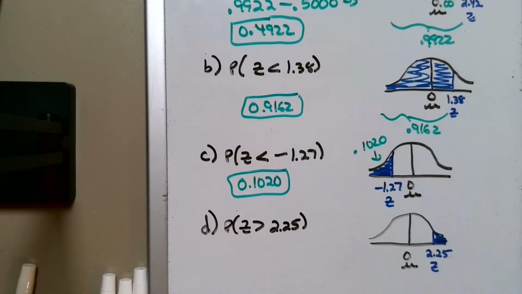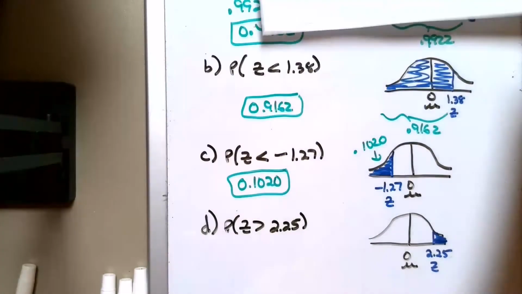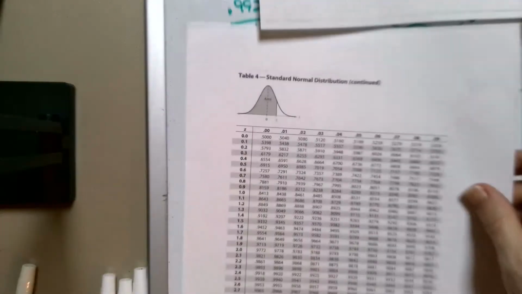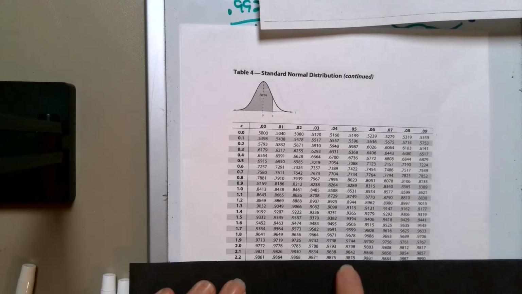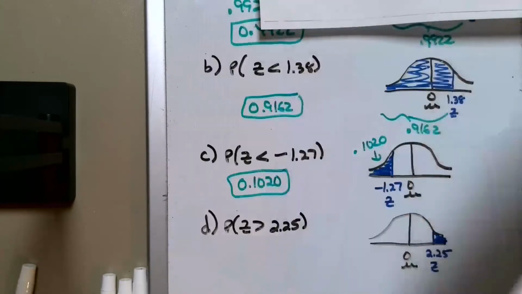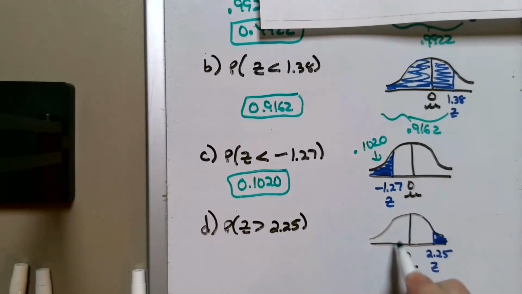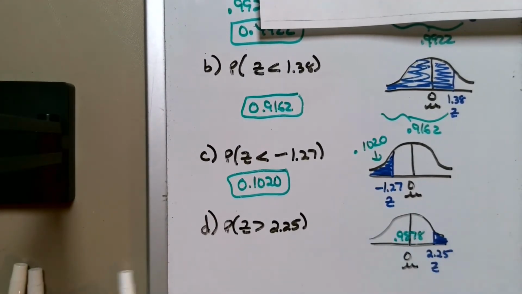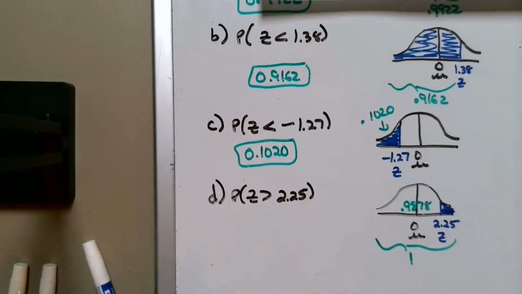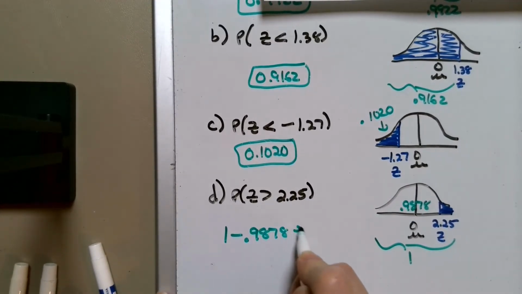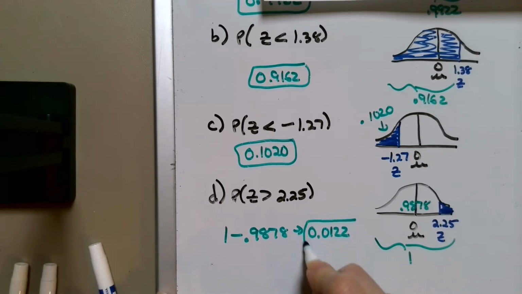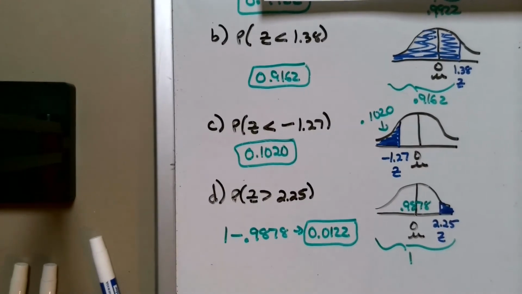When I look up a Z-score of positive 2.25 on the positive Z side, row 2.2 and then 500s here, I get 0.9878. That's the area to the left, because that's how our table works. That's not our answer because we want the area to the right. But we know that the total area under the curve is 100% or 1. So to get our answer, we take 1, the total area, minus 0.9878, which gives you 0.0122. That would be the area to the right. That's your answer for 1D.